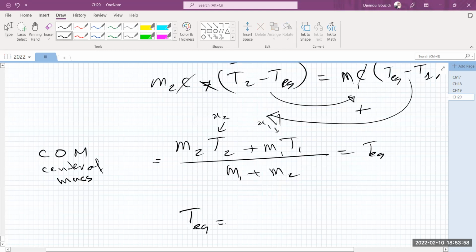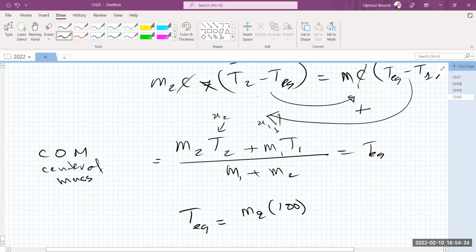So T equilibrium is going to be M2. Now I have to be careful with these things in here, which is M2 times T2, and T2, what is that value? It's 100? 100.